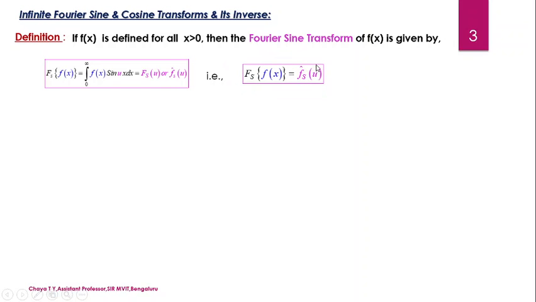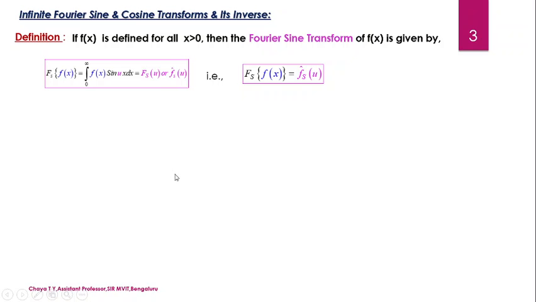You can also represent that by the expression Fs of f of x is equal to Fs cap of u. You can either consider the representation as capital F suffix s of u or small f suffix s cap of u. Any representation will be considered according to our requirement and represents the Fourier sine transformation.